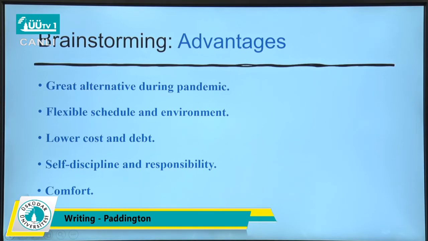For example, the first advantage of online lessons or online courses is that it's a great alternative during a pandemic. At the moment, we have been experiencing the coronavirus pandemic, so online courses or TV lessons are a great alternative. It's an advantage for us. And number two, online lessons offer you a flexible schedule and environment.